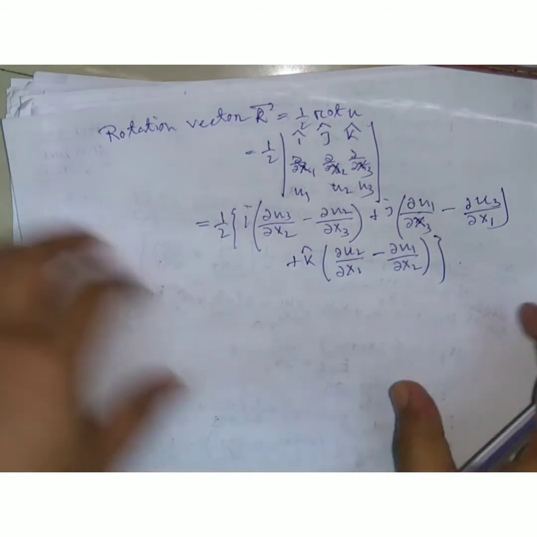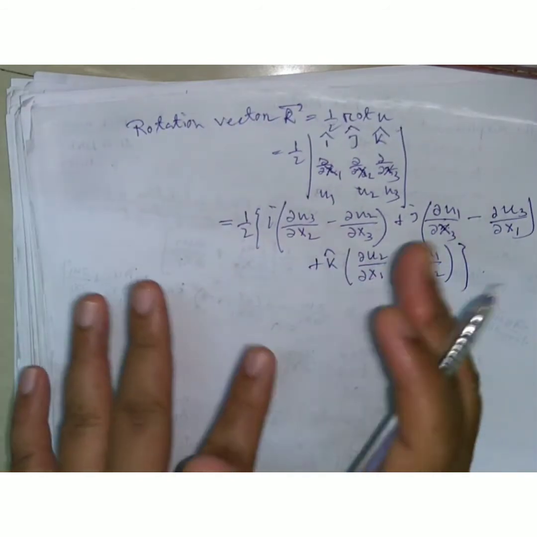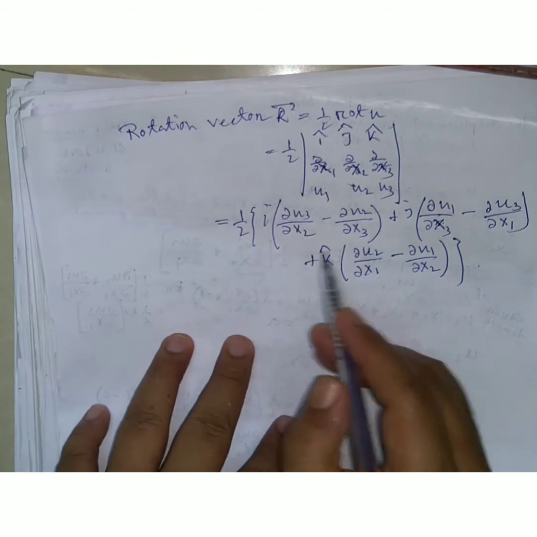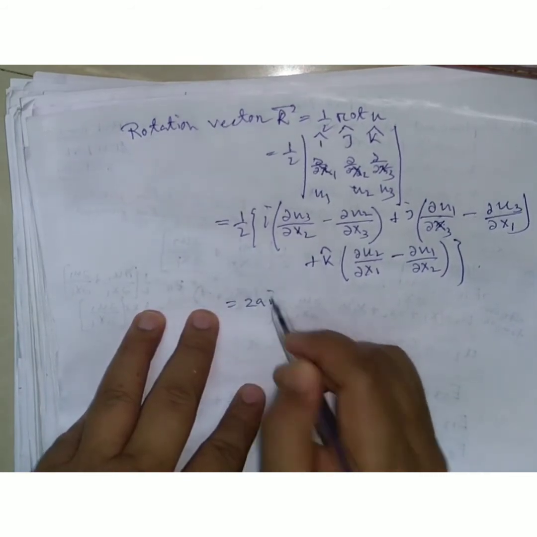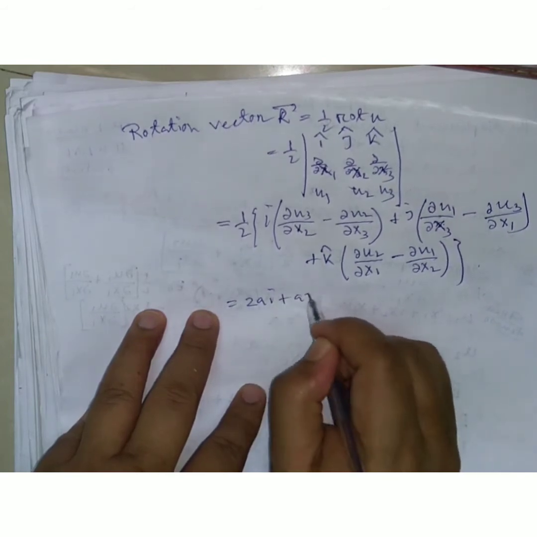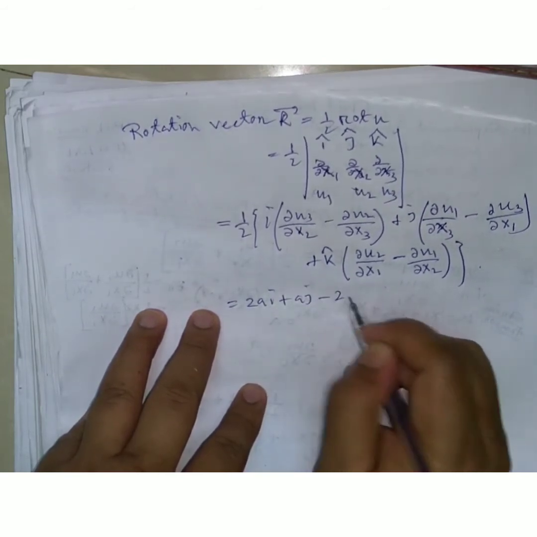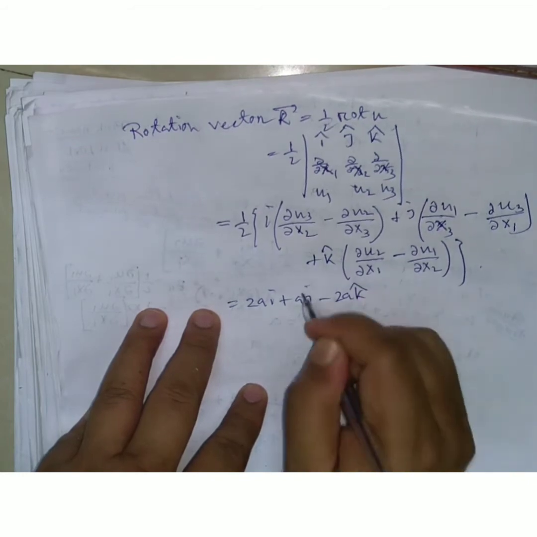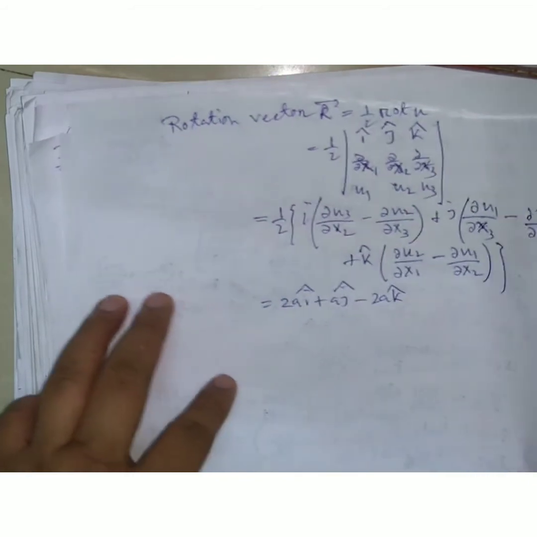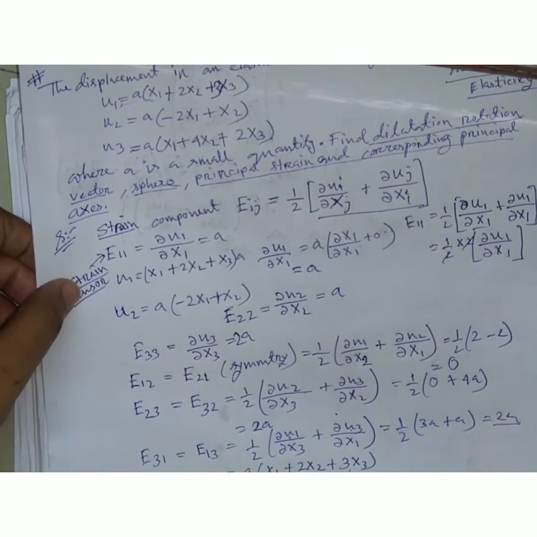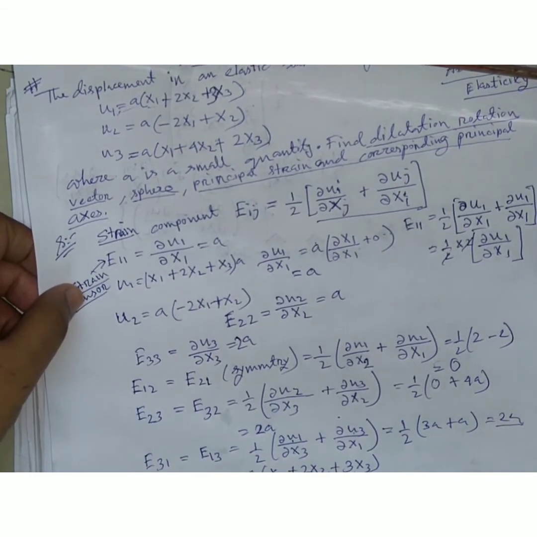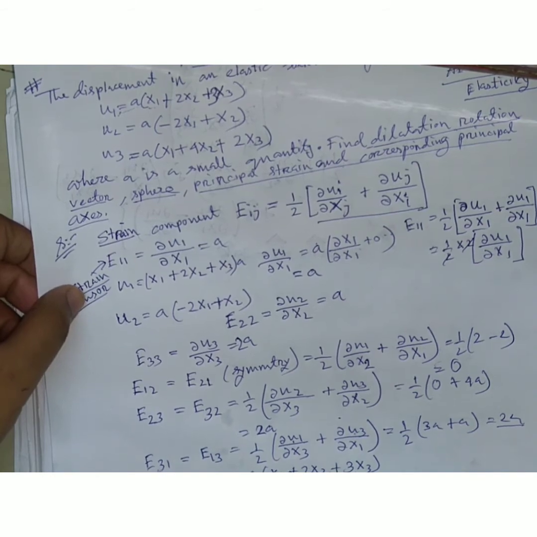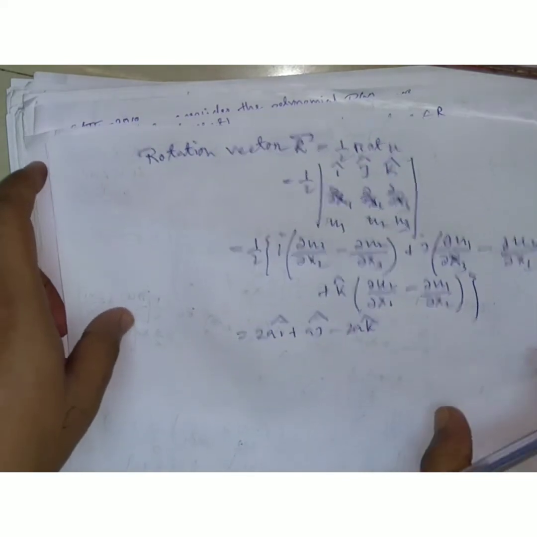This is my total rotation vector. Whatever I get, 2ai plus aj minus 2ak, you get from the differentiations. When you differentiate these equations, you get these values.